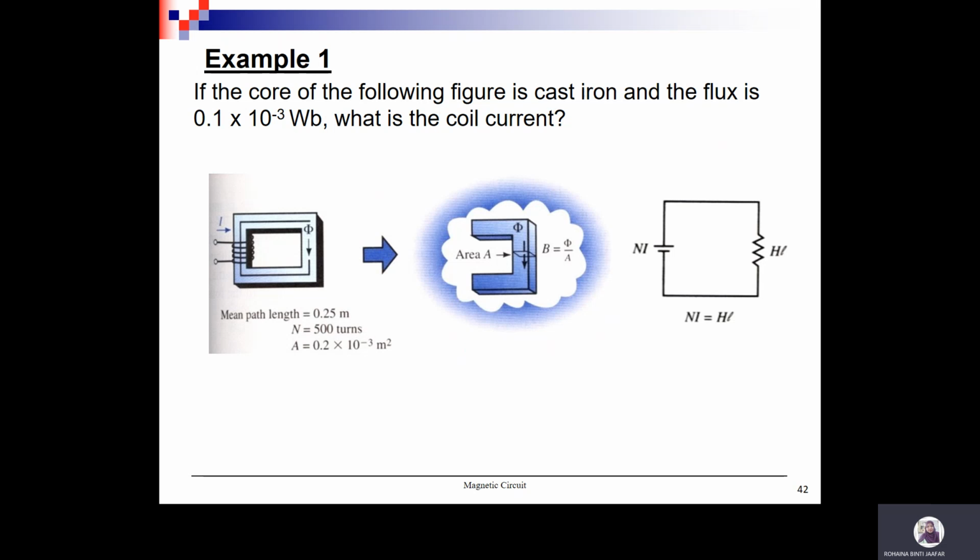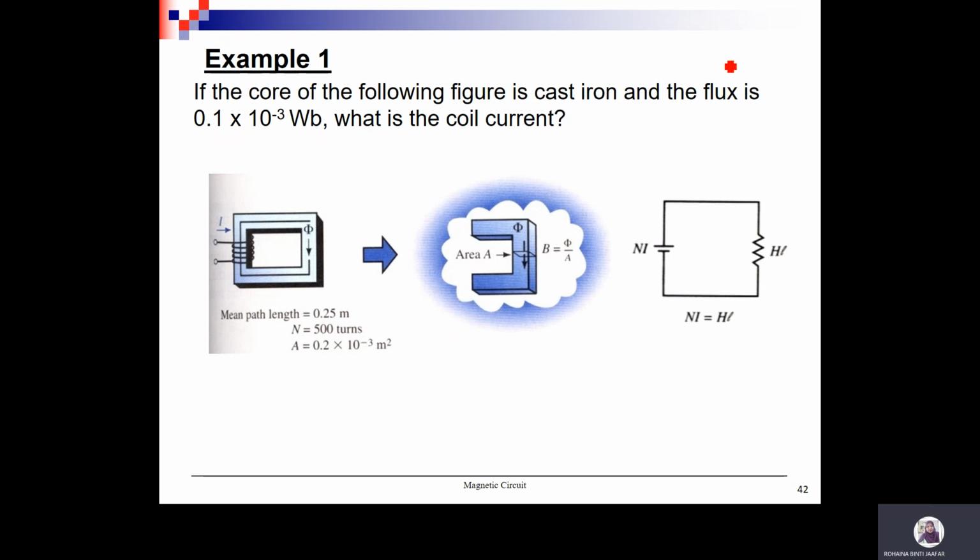Let's look into this example 1. If the core of the following figure is cast iron and the flux is 0.1 times 10 power minus 3 Weber, what is the coil current? Here you have to find the Ni given the value of flux.